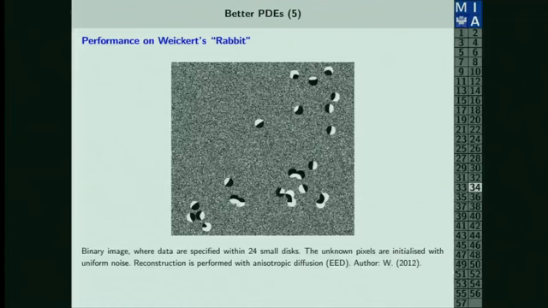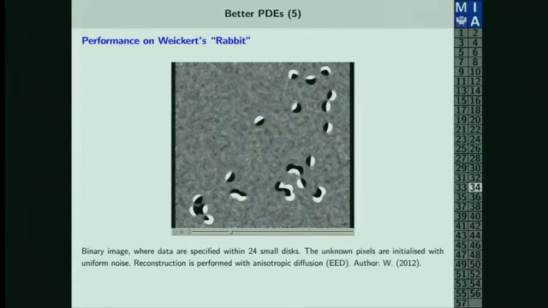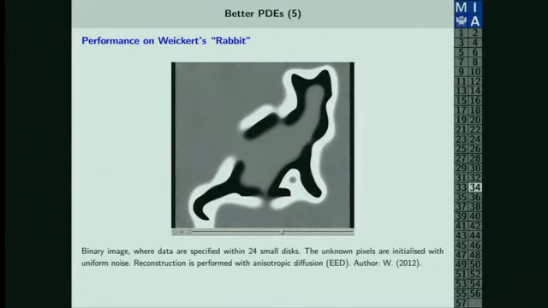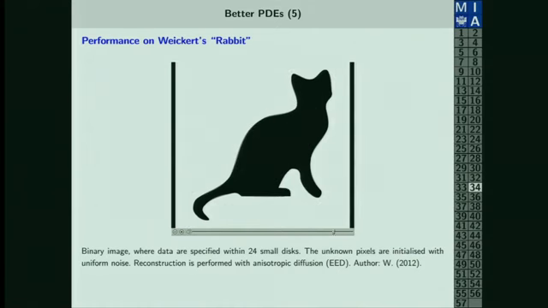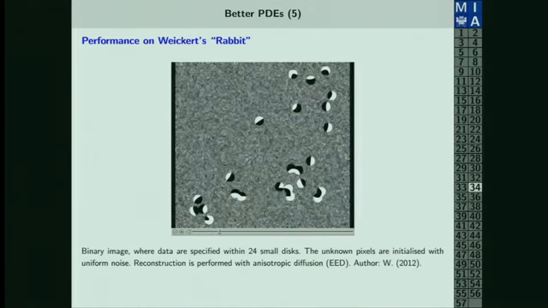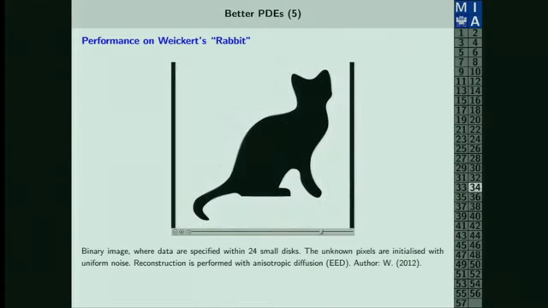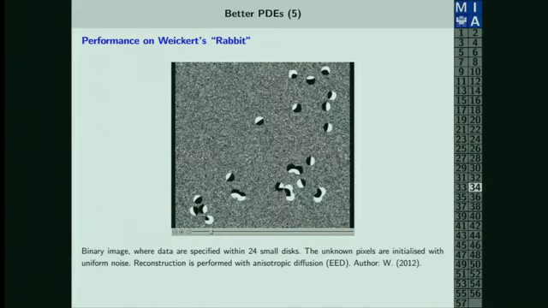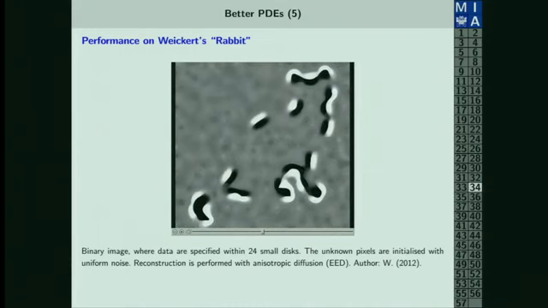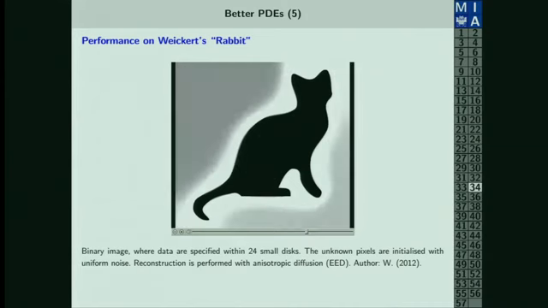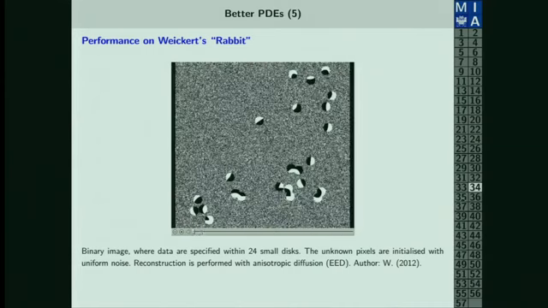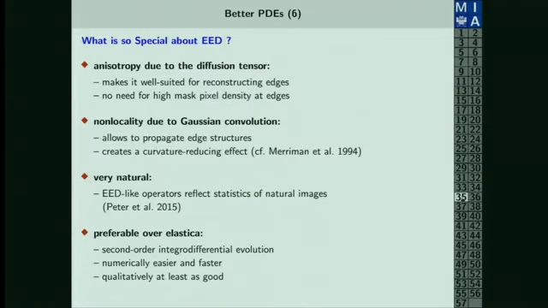And now let's run anisotropic diffusion in-painting on it. And you see the rabbit is a cat. Some people find this quite remarkable given the fact that this is essentially a second order differential operator, and they have been struggling a lot, for instance, with Elastica to do something similar.